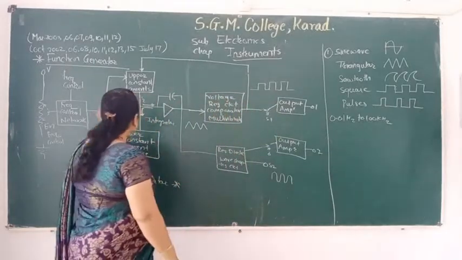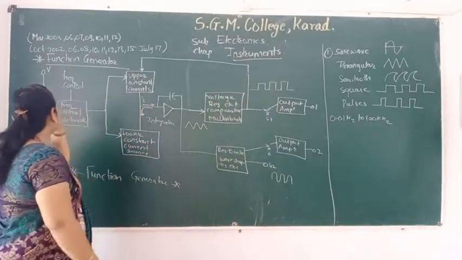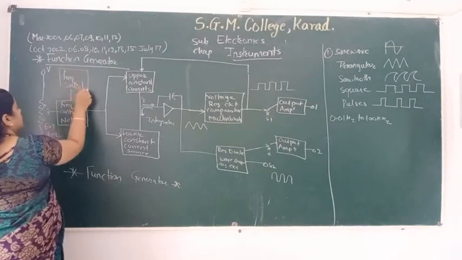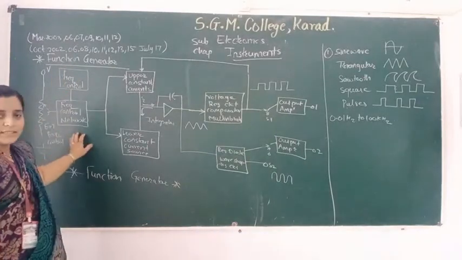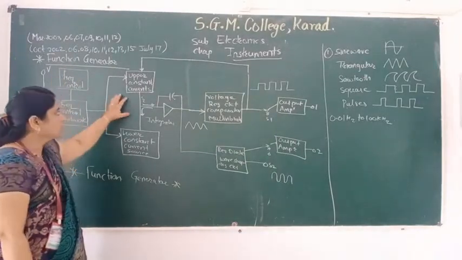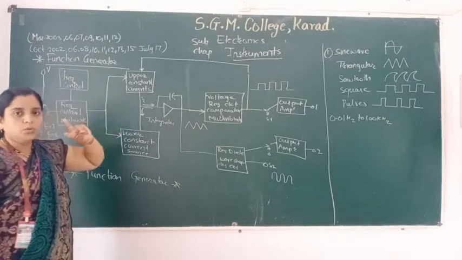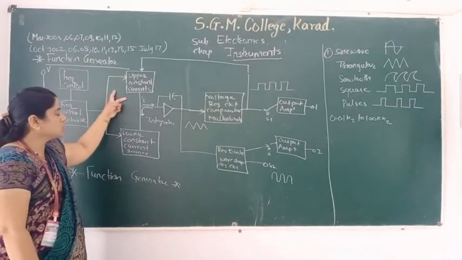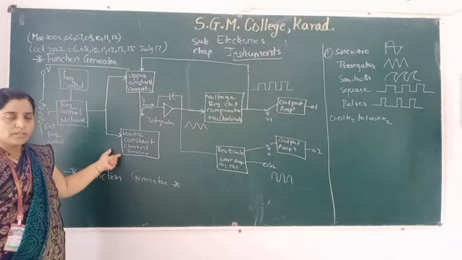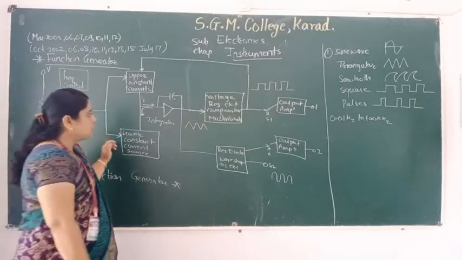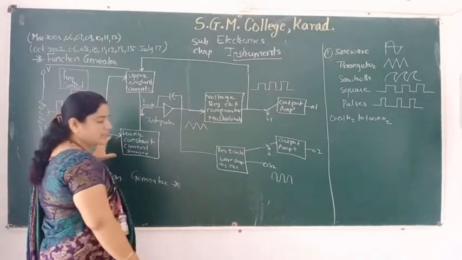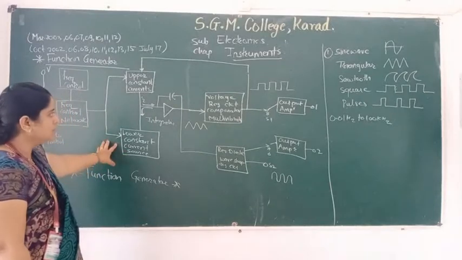So frequency can be controlled by the frequency control knob here. So that frequency control network is given to the two types, upper constant source and lower constant source.